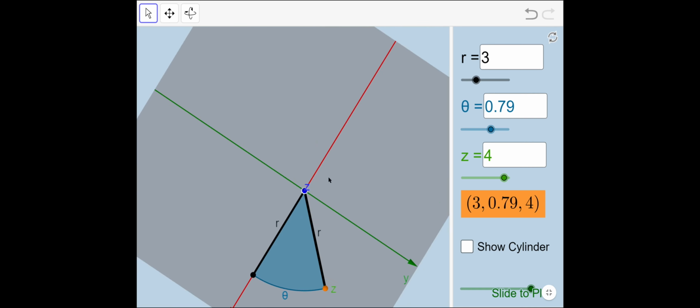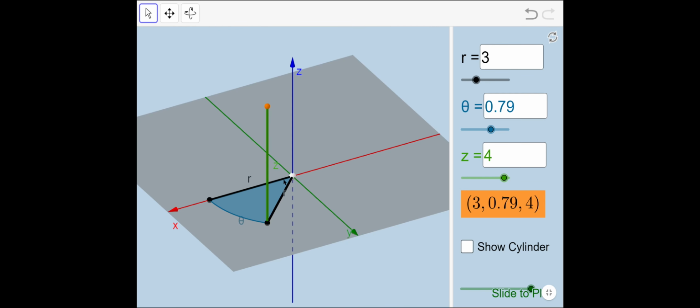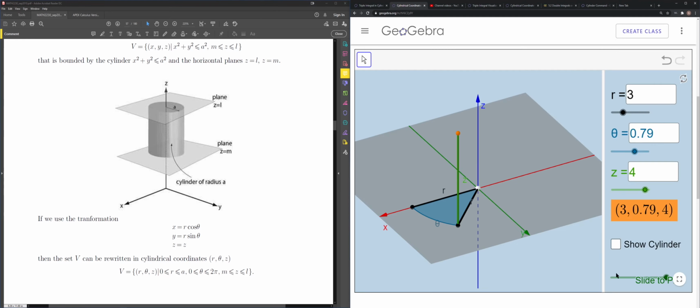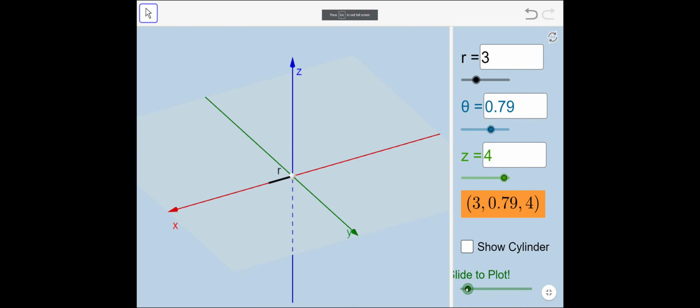Okay, and this graphic sort of does it in a nice way, interpreting what the r, theta, and z are. So first it determines what the r is. It slides along the x-axis by a distance of r.